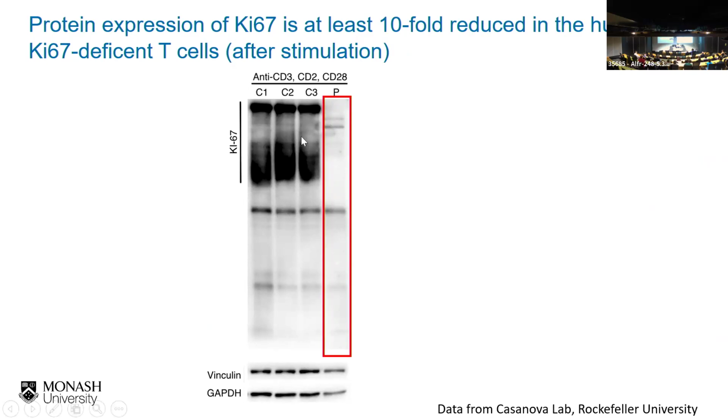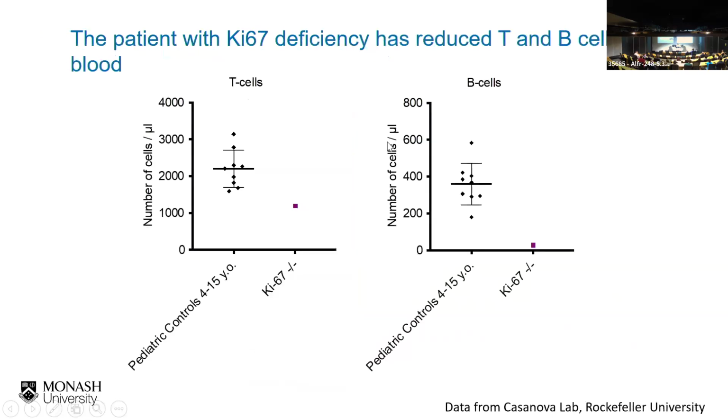Compared to those three controls, our patient had really low Ki67 expression, even in their stimulated T cells. In line with our mouse phenotype, the patient with the Ki67 deficiency also had quite low numbers of T cells and B cells in their blood.